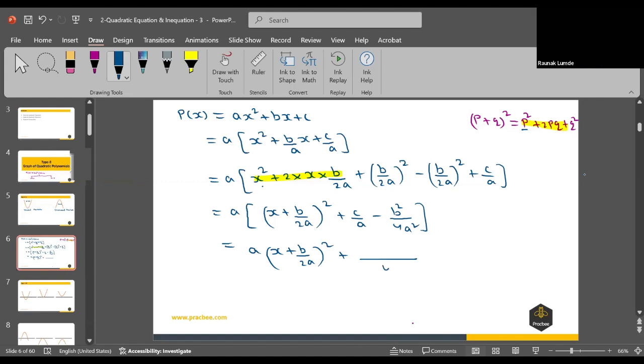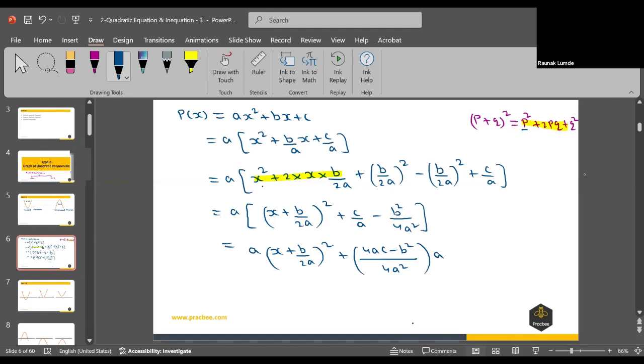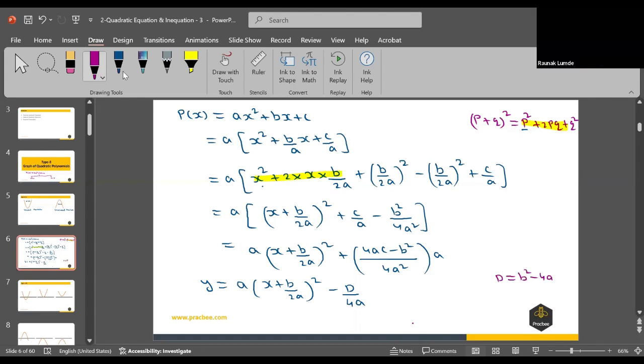Otherwise, I would write 4ac minus b square into a. Let us consider y in place of p(x). So it would be a into x plus b by 2a whole square, and this is called the discriminant, minus d by 4a. Because we know that the discriminant is b square minus 4ac.